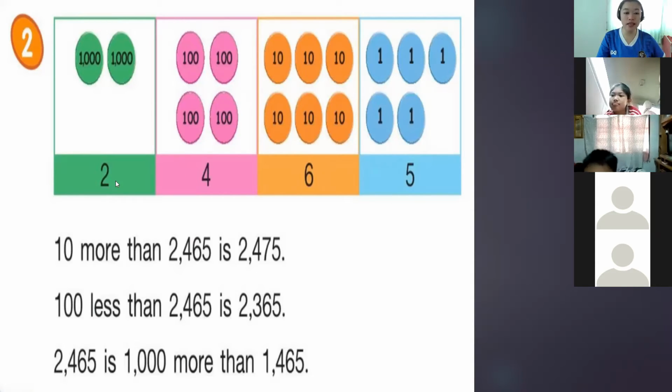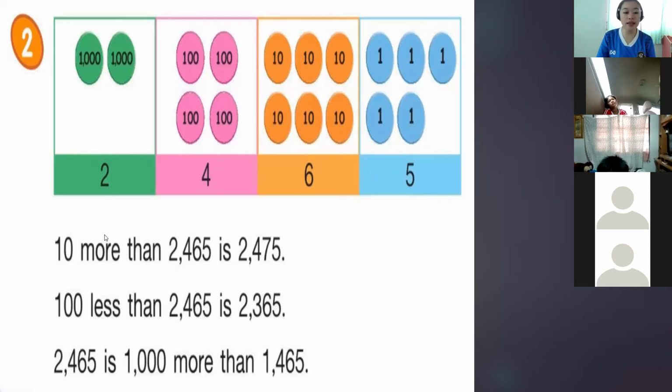So we have the number 2,465. Okay, so we have here a statement which is 10 more than 2,465 is 2,475.